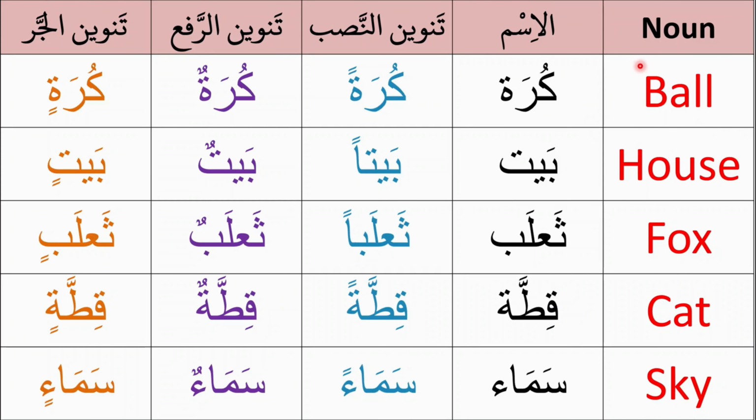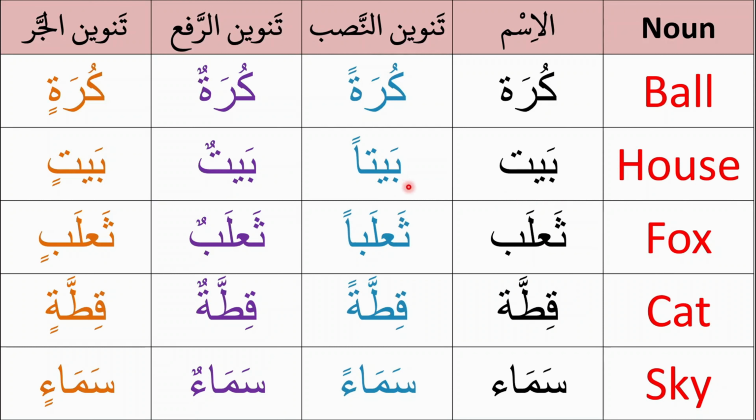How can you get them? Let's start with the first word, ball, كرة. Tanween al-nasb كرة. Tanween al-rafa' كرة. Tanween al-jar كرة. Let's move to the second word, which is house, بيت.